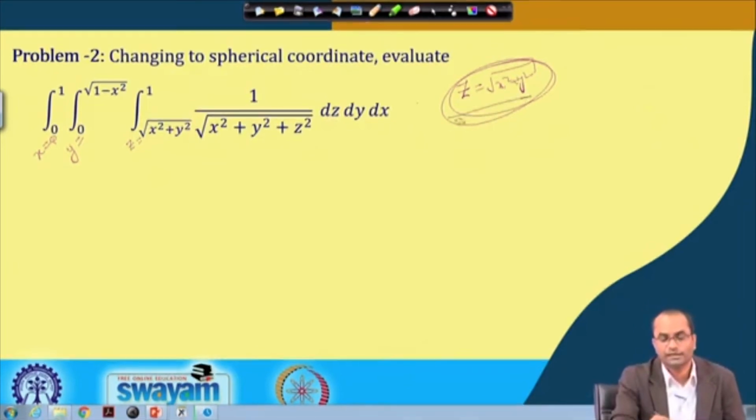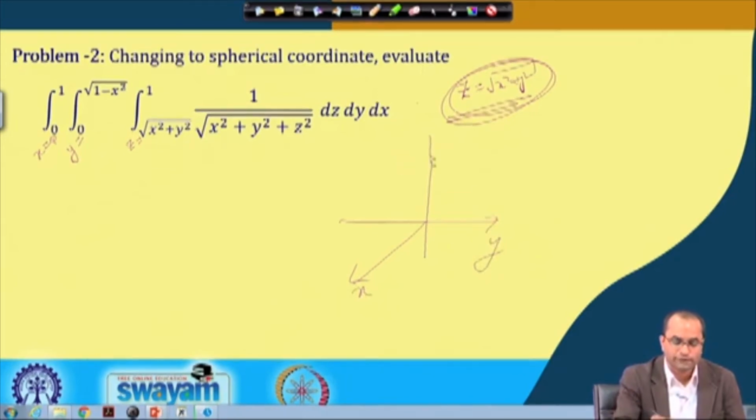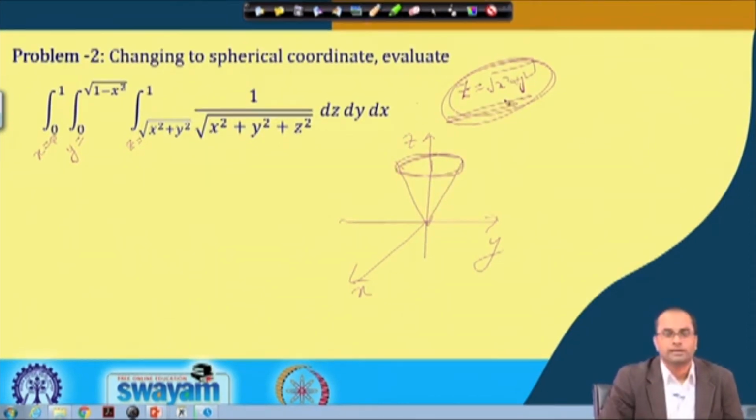Here this is x, this is y, and this is z. The cone is represented by the equation z is equal to square root x square plus y square.